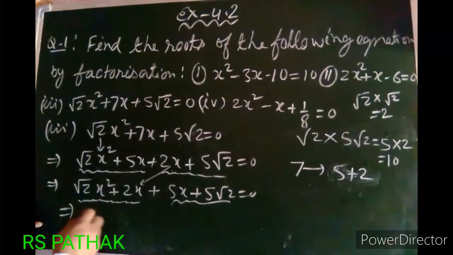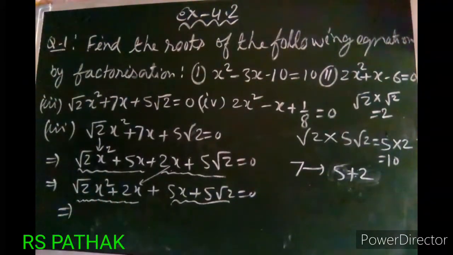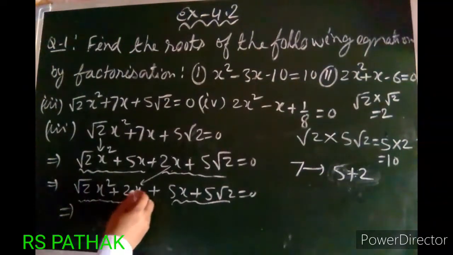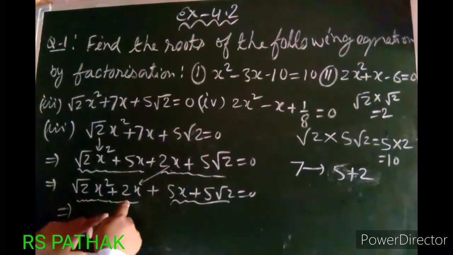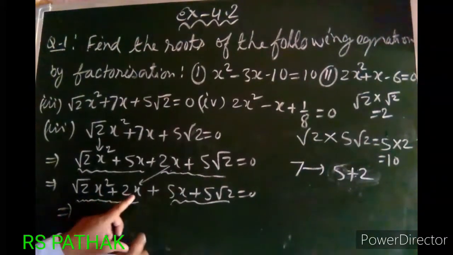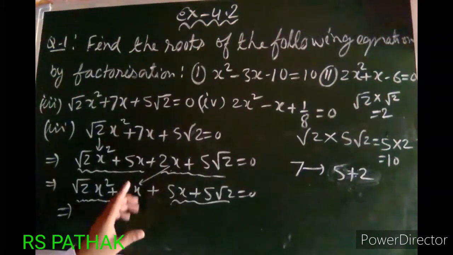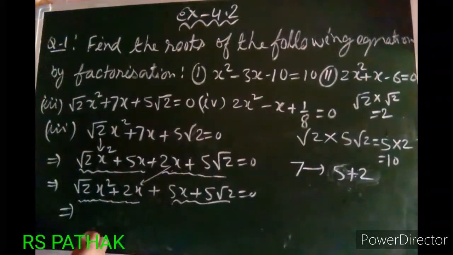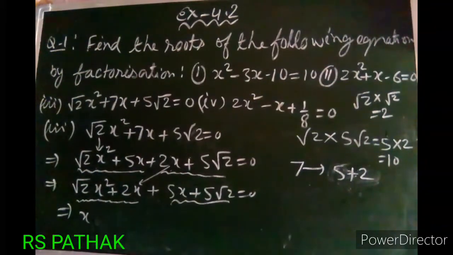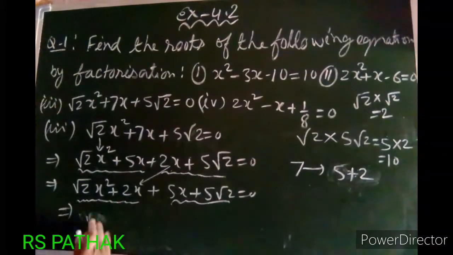What is common between under root 2 and 2? X is common, between x square and x, the smallest power of x is 1, therefore the smallest power of x would be common, x. Before it, I have to change 2 also.